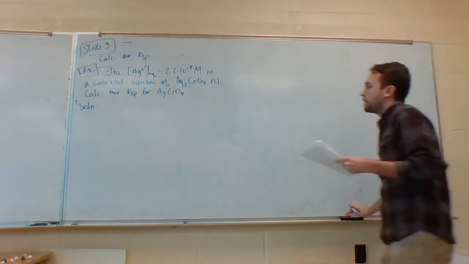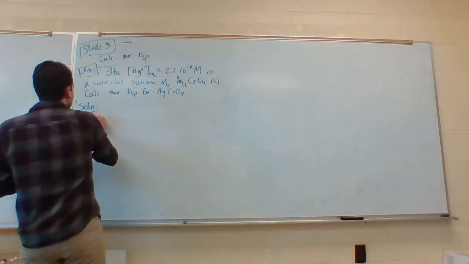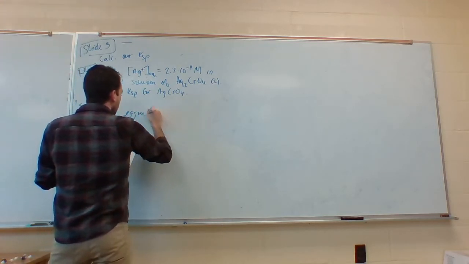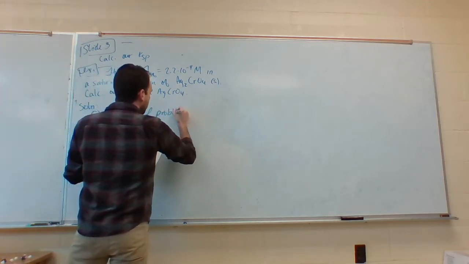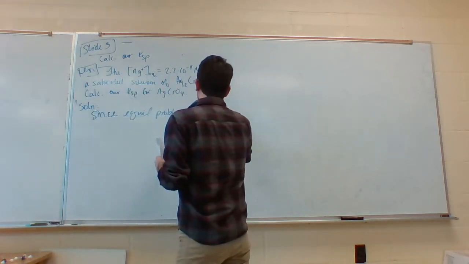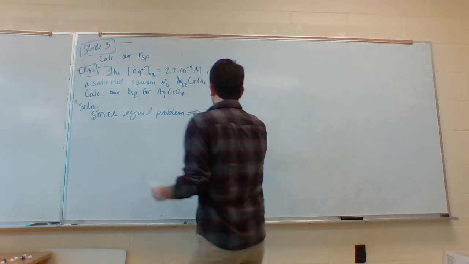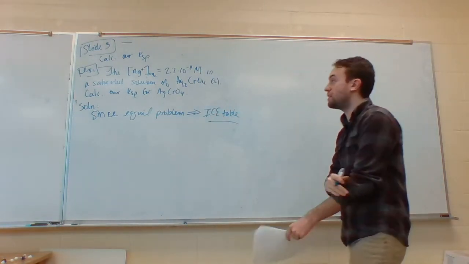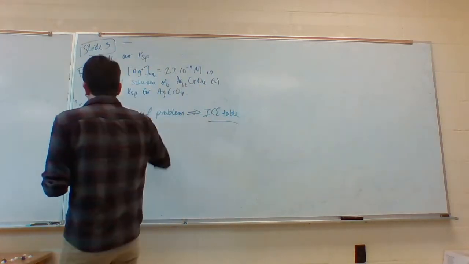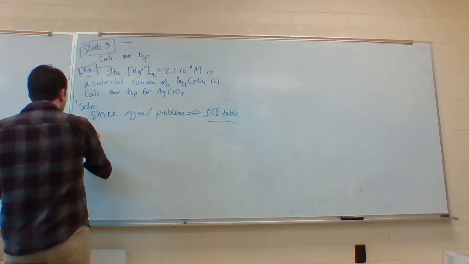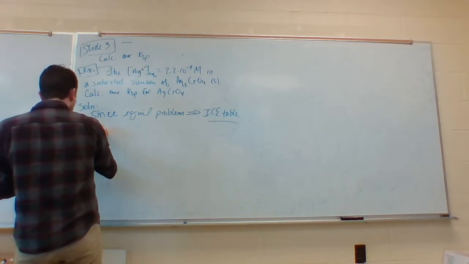And since we are doing an equilibrium problem, that means that we will need an ICE table. Again, we're reusing those same concepts that we've done for the past several weeks, just with a new type of problem. So let's set up our ICE table. That'll be step one.